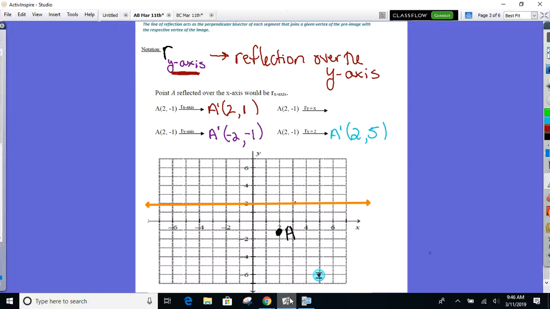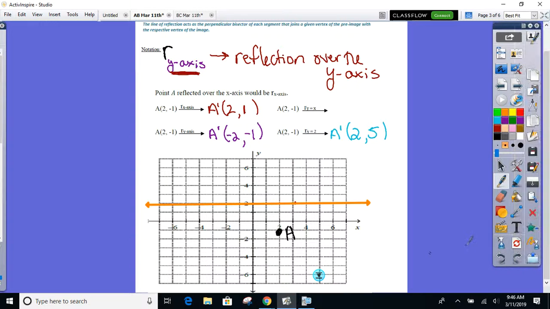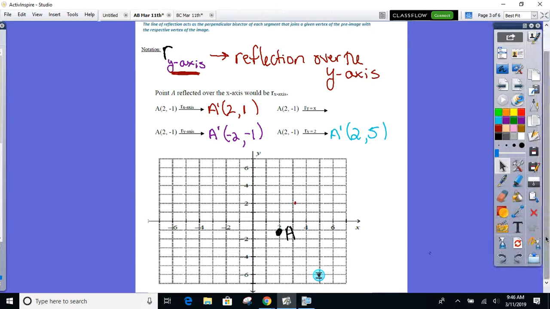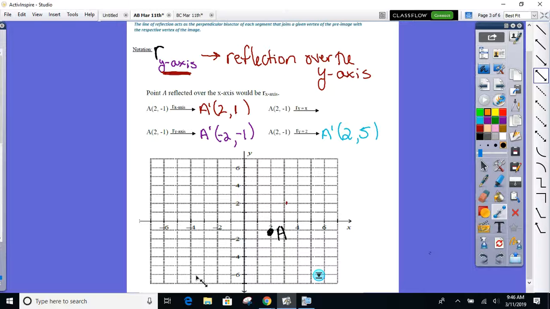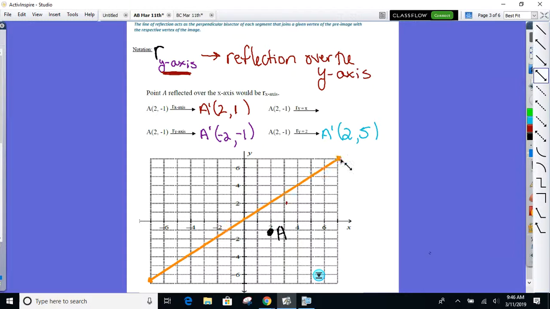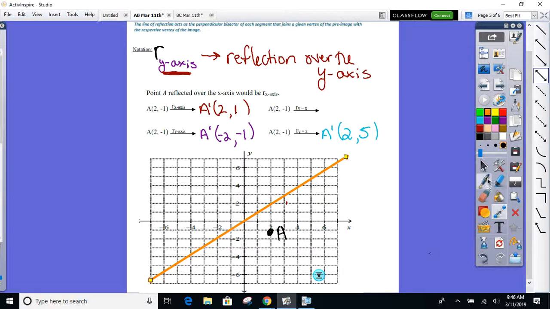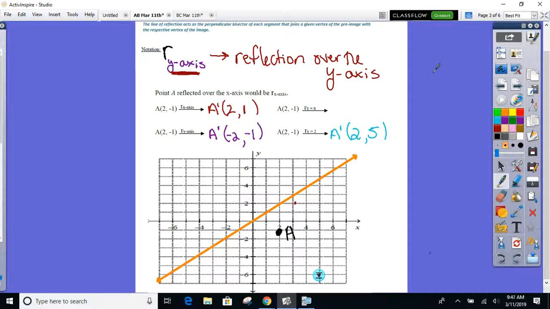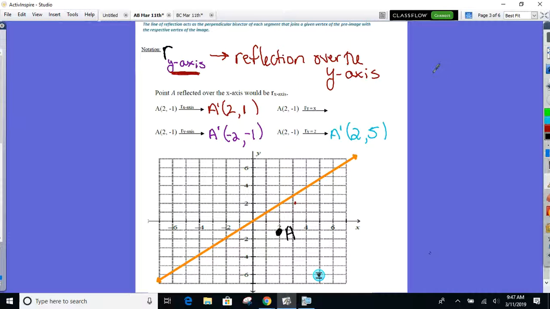How are we going to do that? How are we going to reflect A through that line right there? Well, I kind of have an idea where it's going to be.